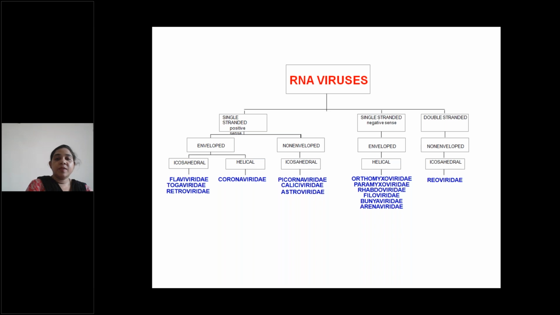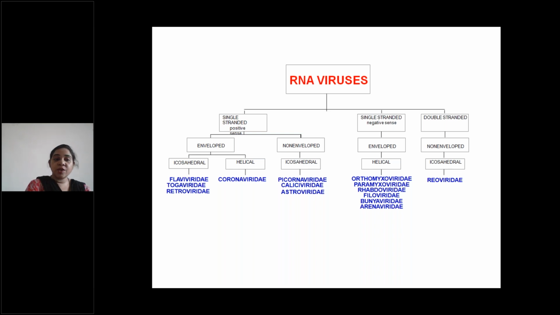RNA viruses are again divided into three types: single-stranded positive sense, single-stranded negative sense, and double-stranded. Single-stranded positive sense is of two types: enveloped and non-enveloped. Enveloped, what is the structure? Whether it is icosahedral or helical.